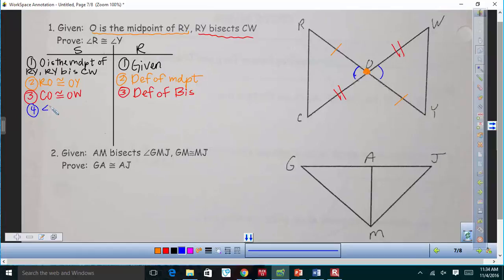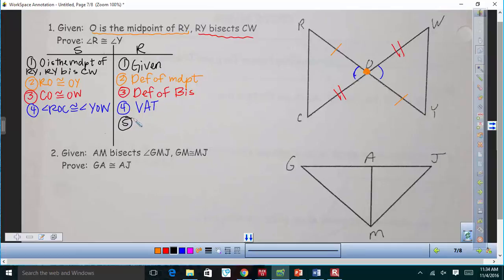ROC, so we're going to put angle ROC is congruent to YOW. And what's the reason for that? Vertical angle theorem.